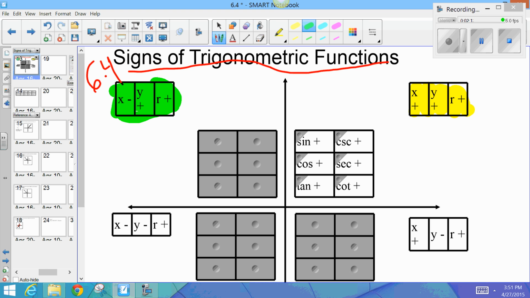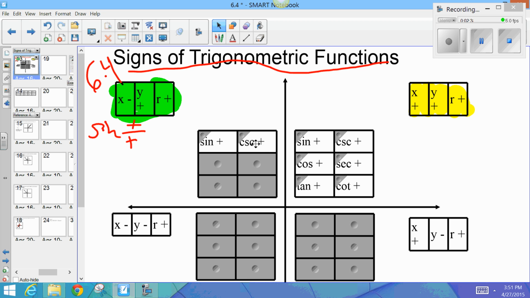So all right, sine is y over r. That's positive divided by a positive, and so sine is going to be positive in quadrant 2, and so will its reciprocal be.